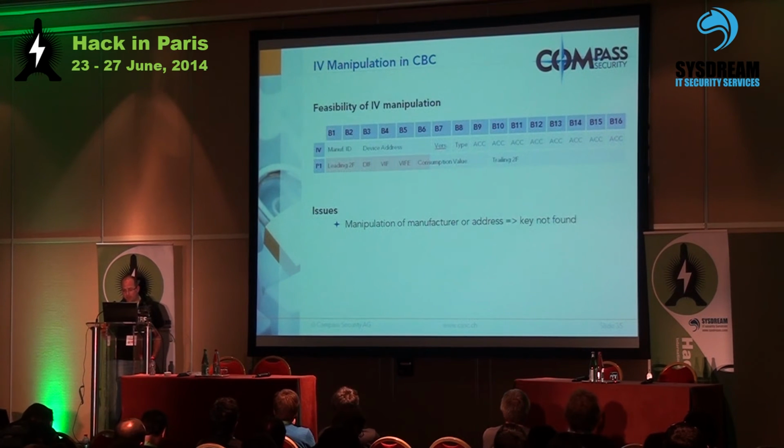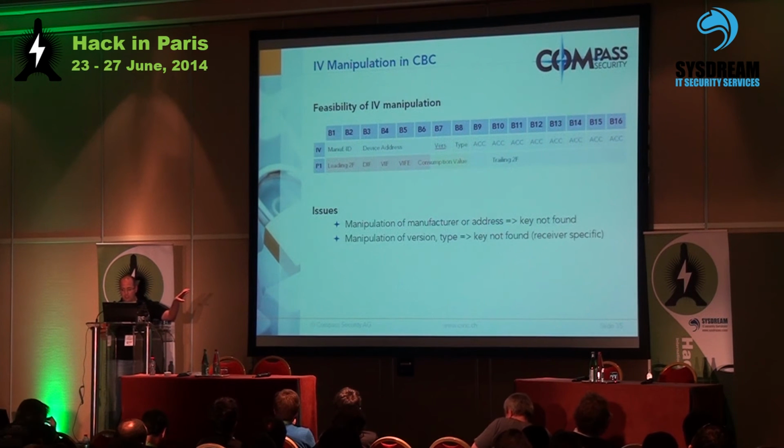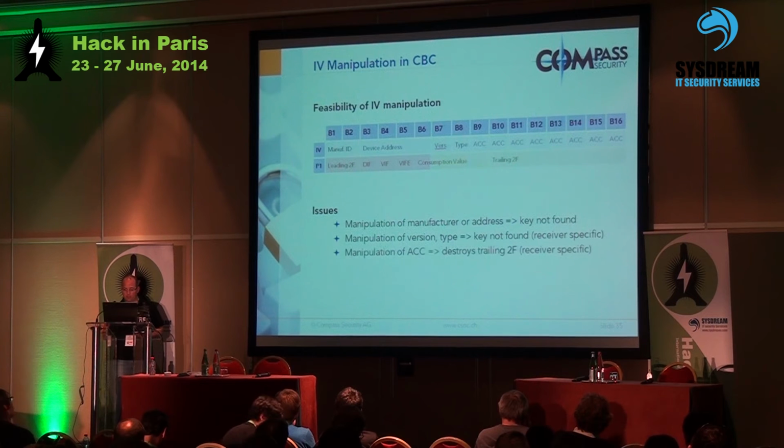The IV is built from that part. If we manipulate that part, then the counterpart receiving the packet can't find the correct key. So no good idea to manipulate over there. Version and type could be part of it, but I wouldn't use the version to actually look up the key, because if the version of the meter changes, bad idea. And we could actually try to manipulate the access counter, which is an indicator for the number of the message.